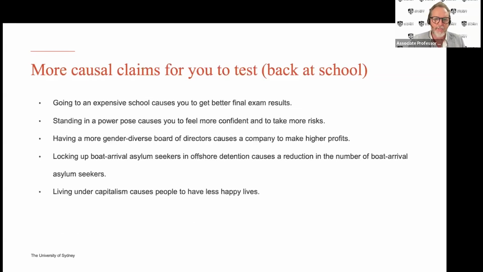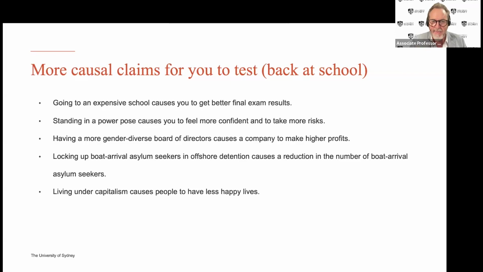So here are some more causal claims for you to test back at school. You're going to get a PDF of all of these slides to take away and work on. So if you're a teacher in this session, these are some examples of causal claims that you might want to test with your students back at school.